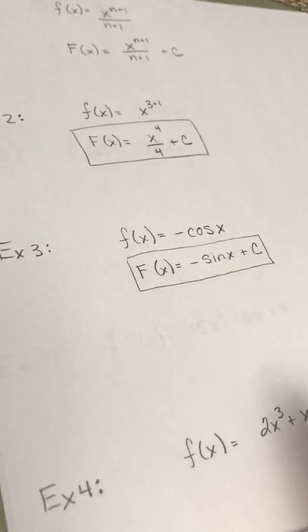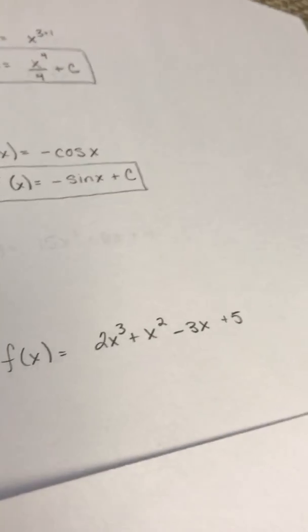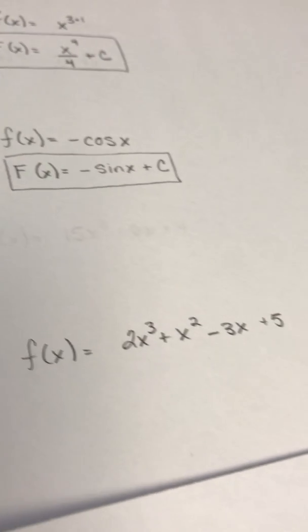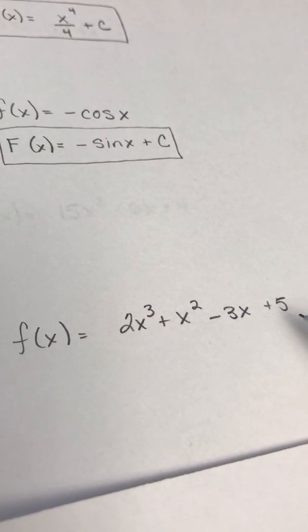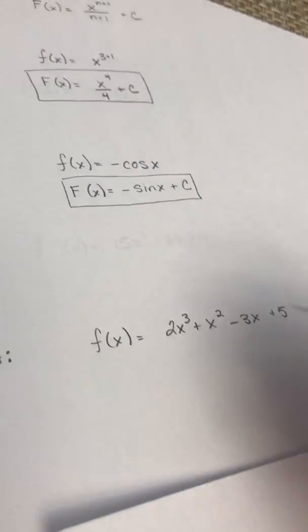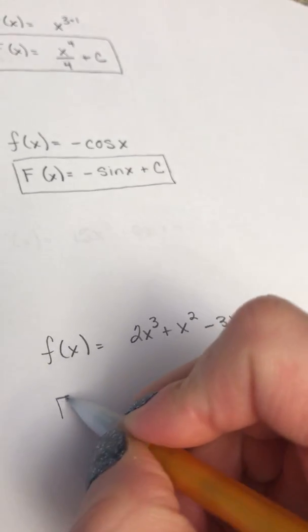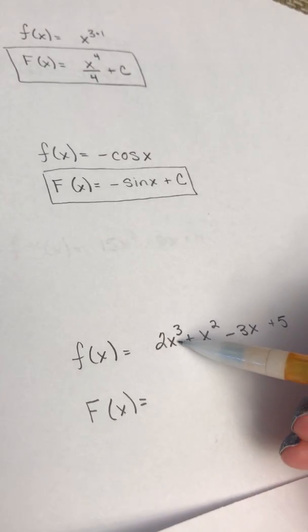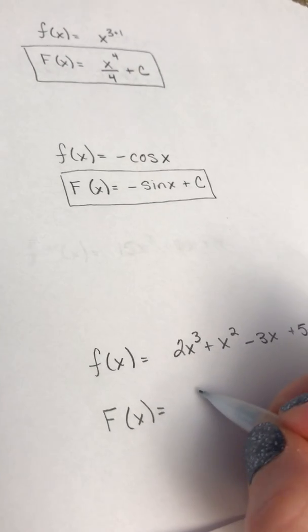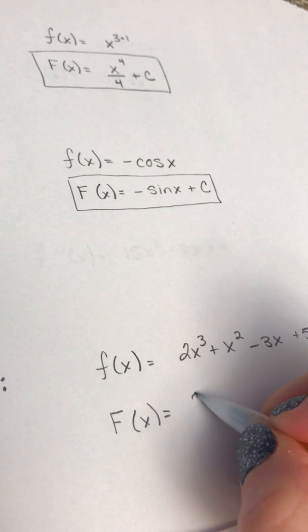For my fourth example, I have a polynomial function. So when I have more than one power function, I just do each individually. So my general antiderivative is adding 1 onto my exponent of 3, which gives me x to the fourth power.